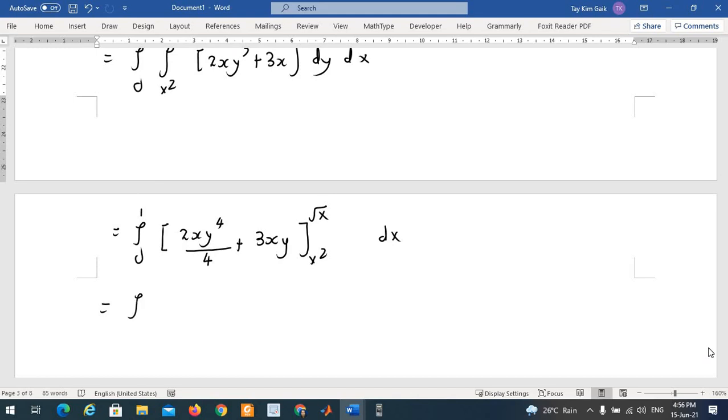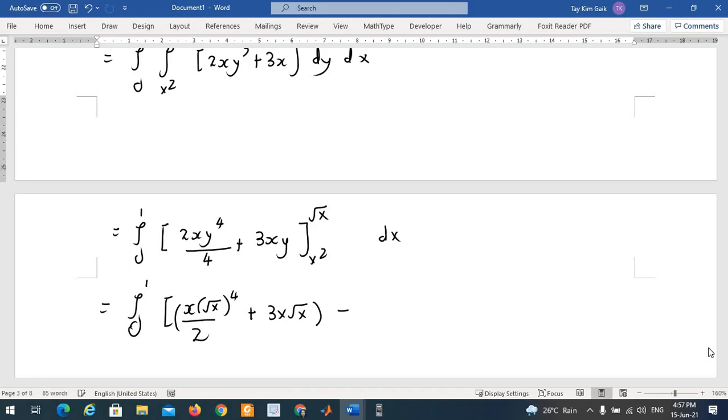Then this one becomes x. Integrate with respect to x, plug in y. Simplify, 2 and 4 become divided by 2. So square root of x to the power 4. Okay, we'll have x squared, square root of x to the power 4 plus 3x square root of x.